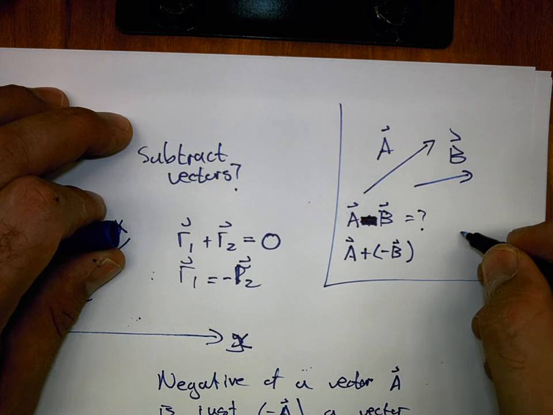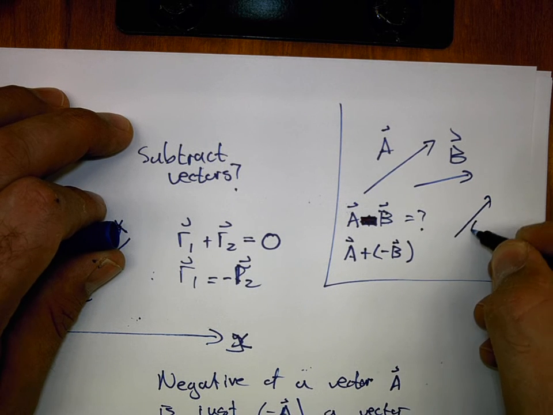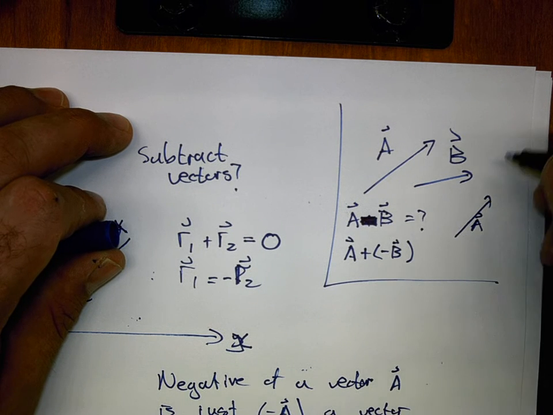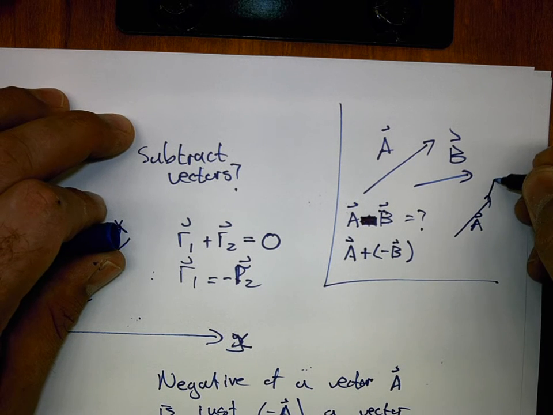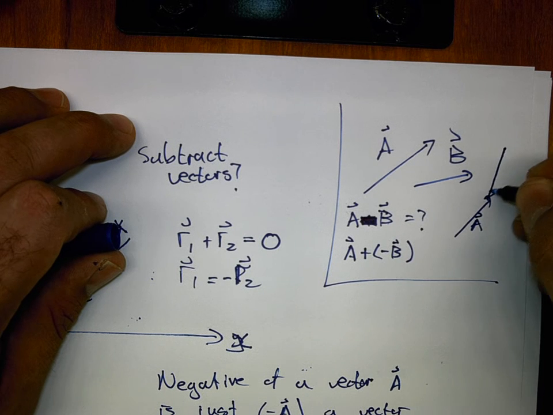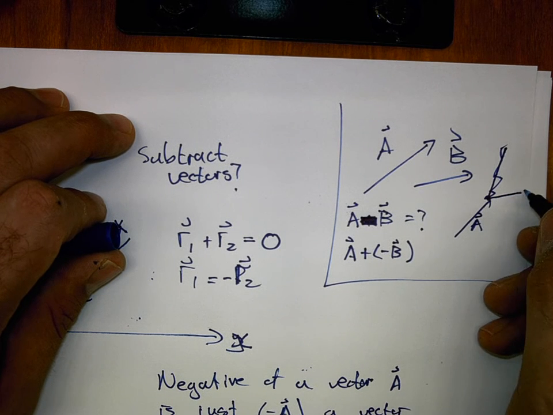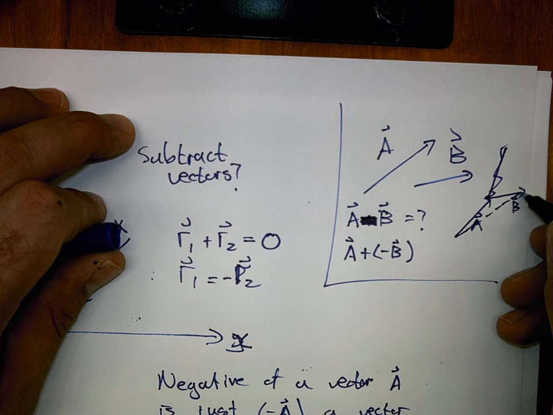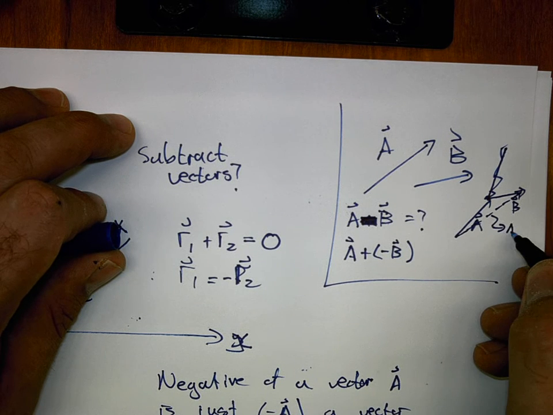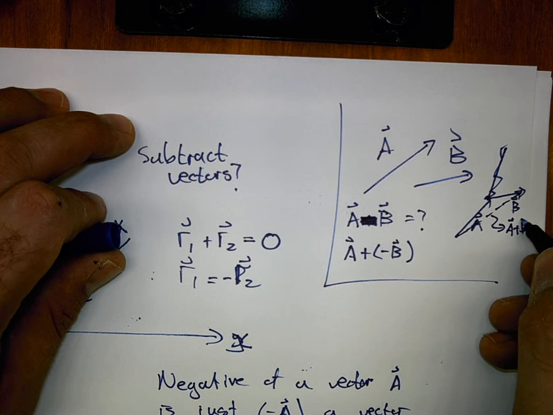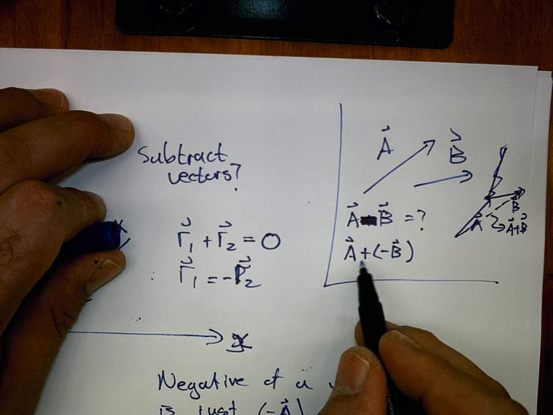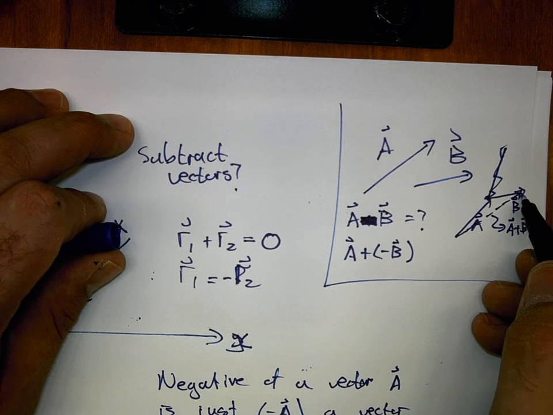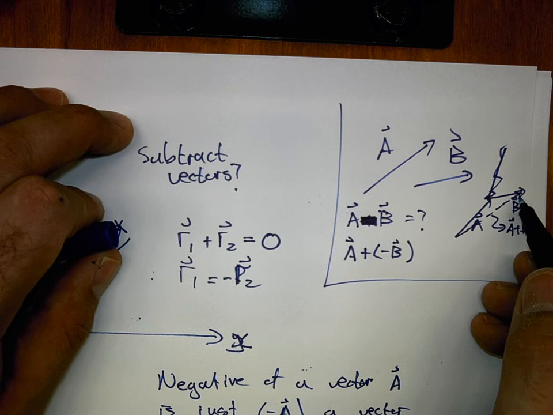So if that is vector A, we said to calculate the sum of vector A and B, we would place vector B at that tip. Sorry, vector B points in that direction, over there. We would place vector B at the tip, and then we would connect that, and that vector would be A plus B. But now we want to add to A the negative of B. So we know the negative of B is a vector with the same magnitude pointing in the opposite direction.